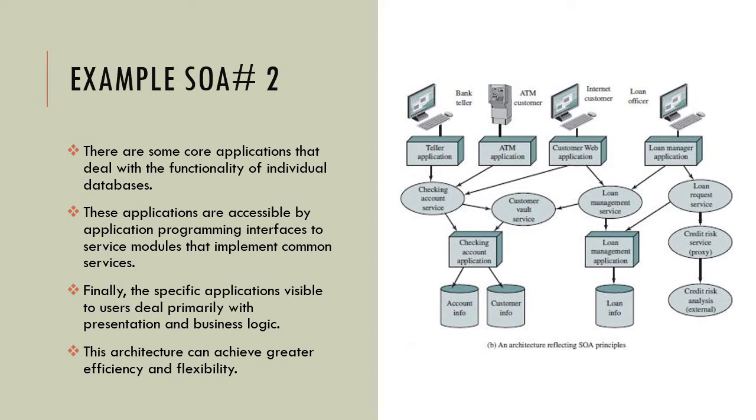This architecture can achieve greater efficiency and flexibility because now if you change the underlying databases, you might have to reflect those changes to the basic applications, but you will not have to do anything to the user applications or the applications at the very top.